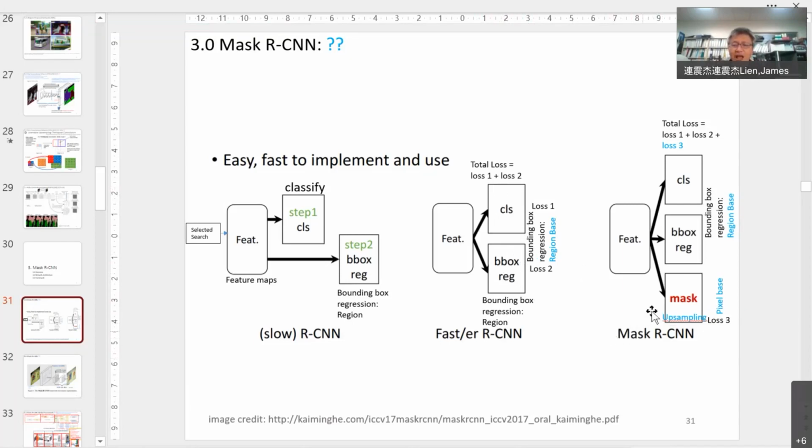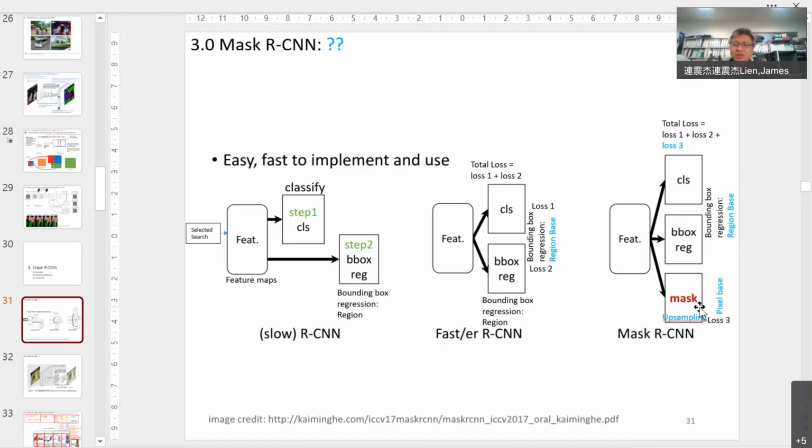Mask RCNN keeps improving Faster RCNN and includes one more term, the mask. So we have 3 total losses: the bounding box, the classification, and one more term, the Mask RCNN mask loss. The bounding box is region based.